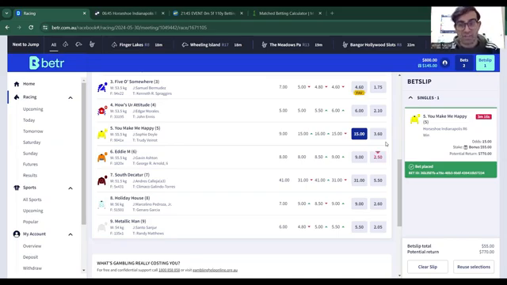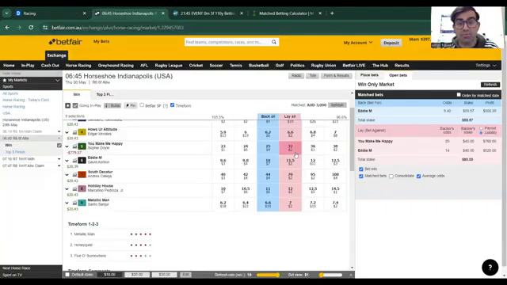Since Betfair is an exchange, they move a lot quicker than bookmakers do. For example, over here it's still at 15, but over here it moved all the way to 32 and we got it for 20. So the price movement in this case is far superior on the exchange than it is with a bookmaker.